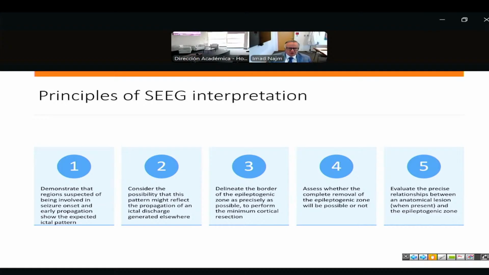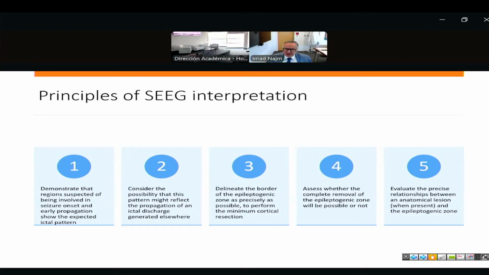The most important one of which is that we have to demonstrate that the region suspected of being involved in the seizure onset and early propagation shows what we call the expected ictal pattern. So if we have a hypothesis, say it is in the basal temporal occipital region, we should be able to show that early change happens in that area, and the organization in an area that is directly connected with it, in this situation it may have been the intraparietal sulcus.